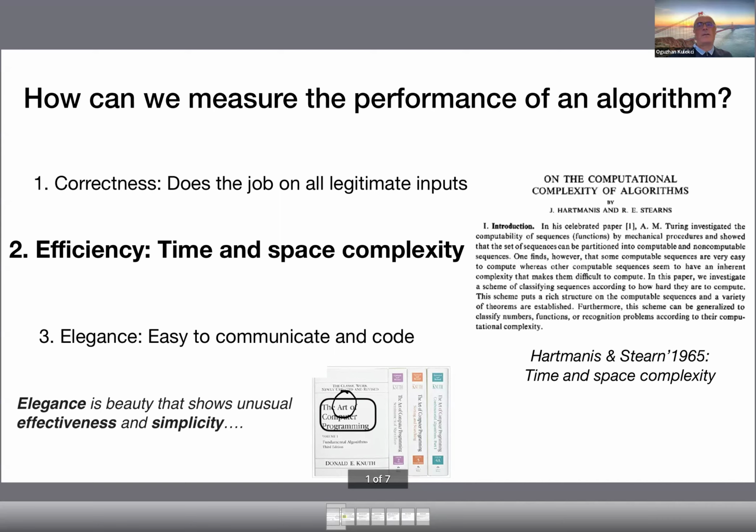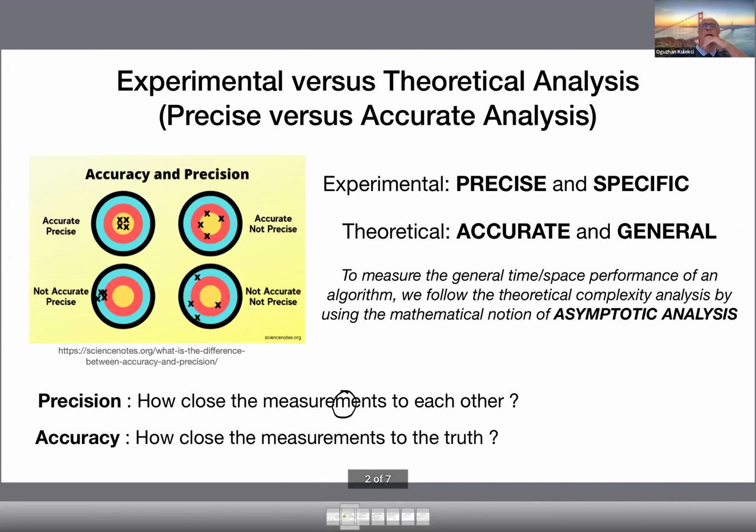In algorithm design, elegance means it is something you can easily communicate with others. And since you can easily communicate it, it is also very simple to code. But we will be focusing on this dimension later. Today, we will be talking about time and space complexity.